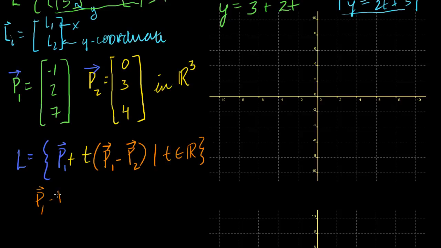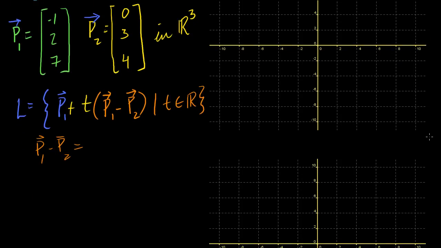P1 minus P2 is equal to, let me get some space here. P1 minus P2 is equal, minus 1 minus 0 is minus 1. 2 minus 3 is minus 1. 7 minus 4 is 3. So that thing is that vector. And so our line can be described as a set of vectors that if you were to plot it in standard position, it would be this set of position vectors.